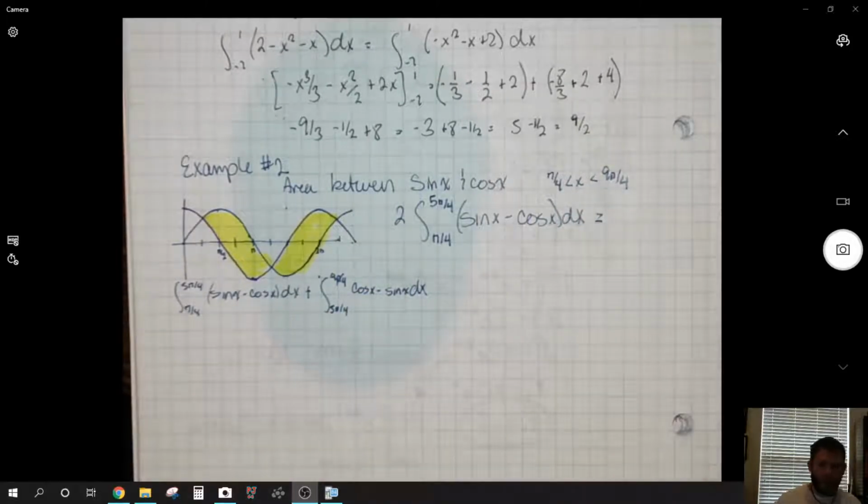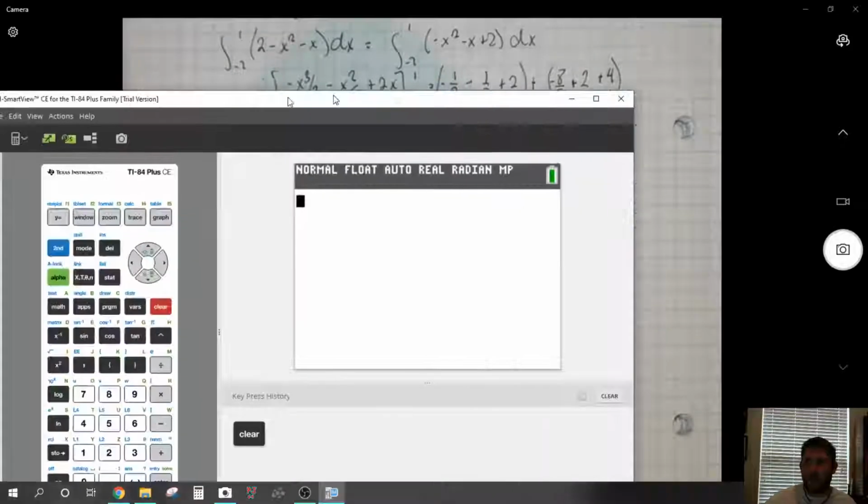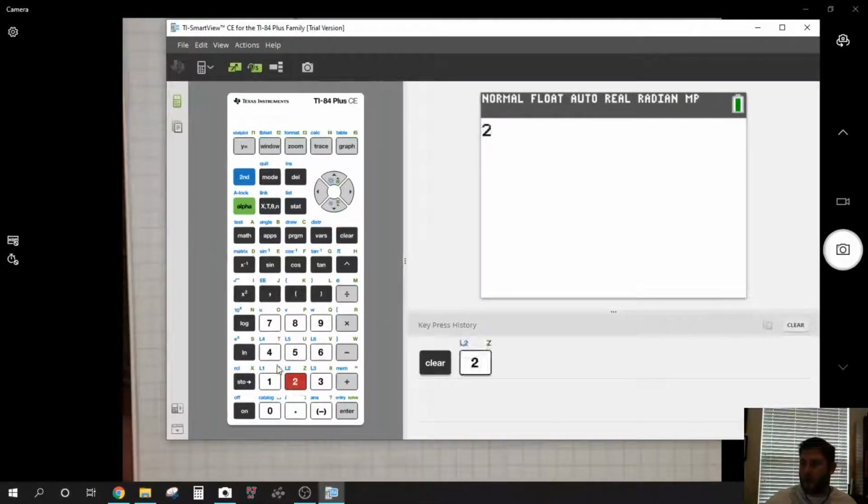And we're going to go ahead and use a calculator for that just to make sure you know how to do that. So 2 math 9. Sorry, not negative.